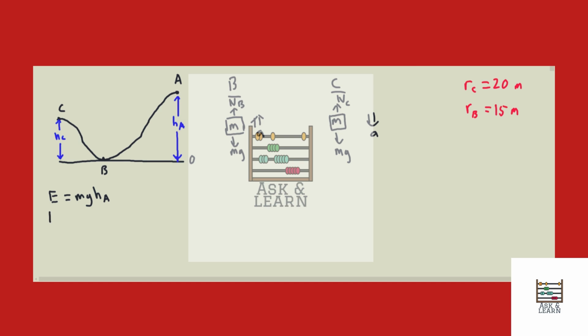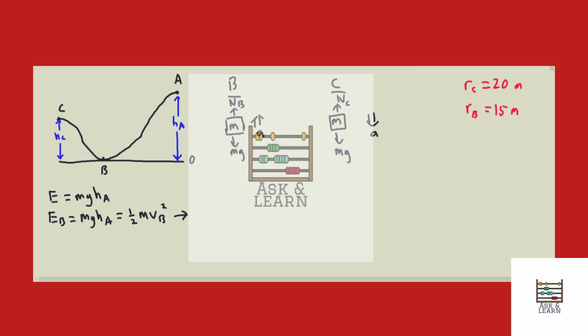And so we'll say the energy at B is equal to that mgHA, and it's only kinetic energy. This is our lowest point, so we'll consider that our 0 point. So that's 1/2 m velocity at point B squared.